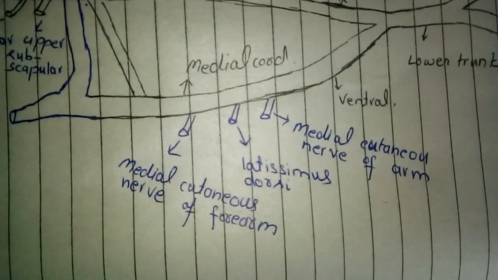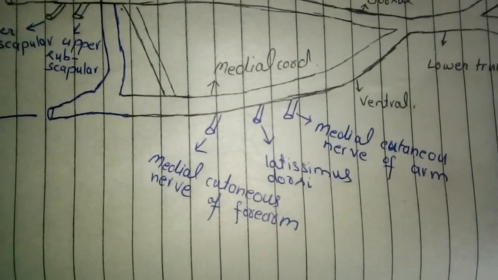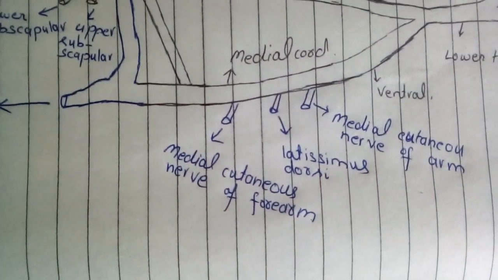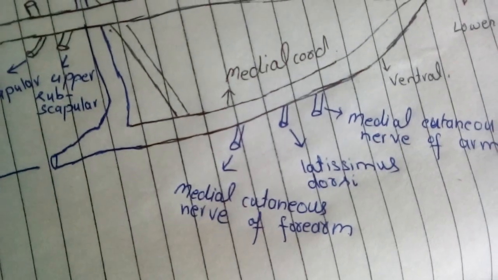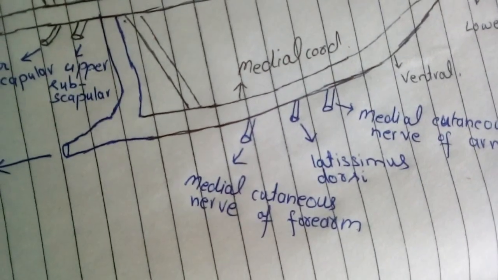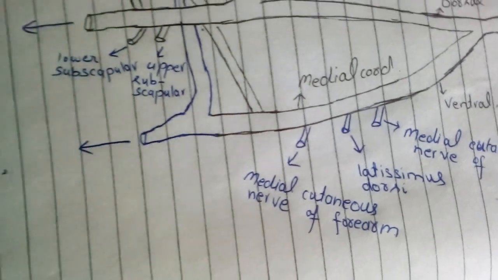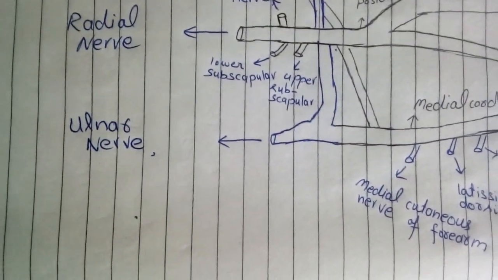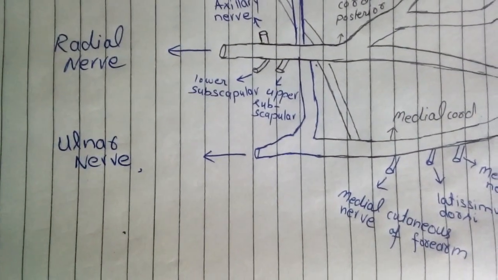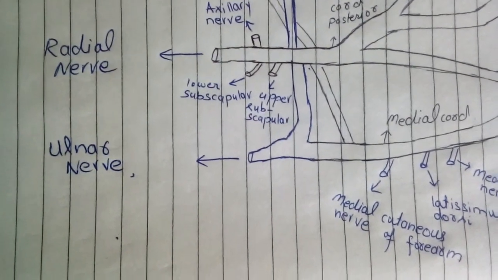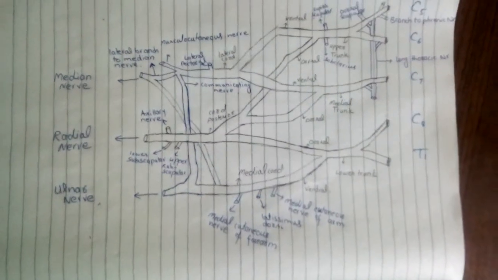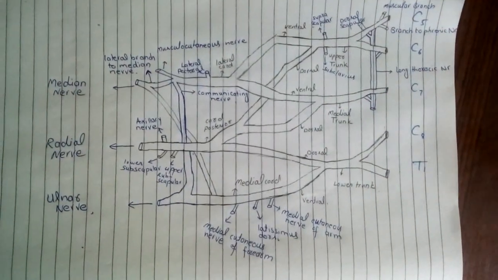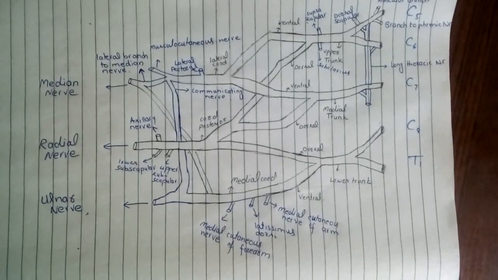Latissimus dorsi is supplied by the latissimus dorsi nerve of the medial cord, and medial cutaneous nerve of forearm carries the sensory information from a large portion of the forearm. Ulnar nerve supplies the palmar muscles and muscles of forearm. This was the brachial plexus in detail.